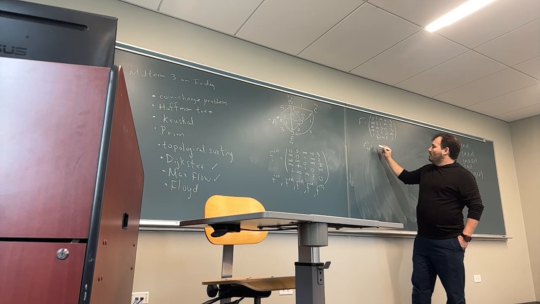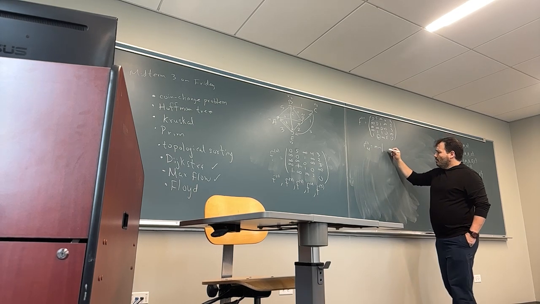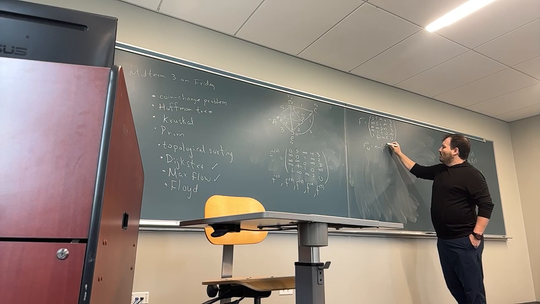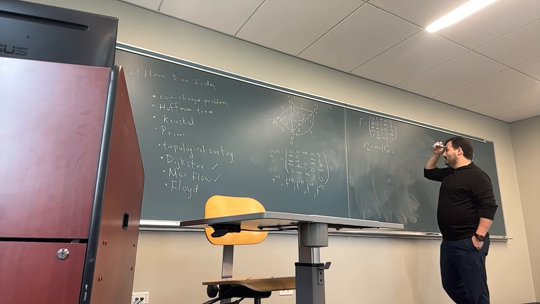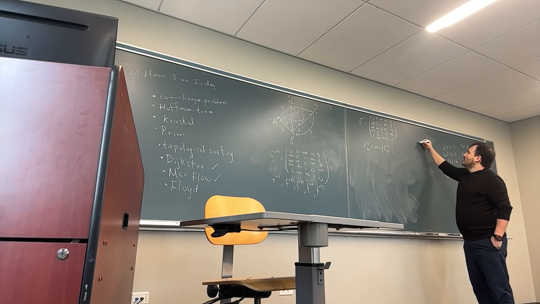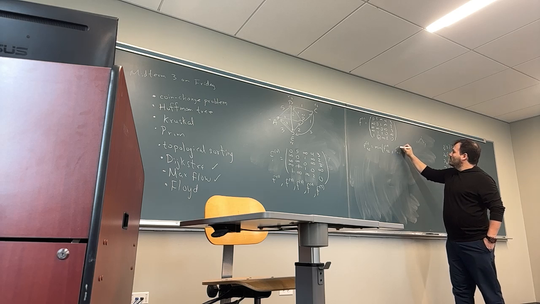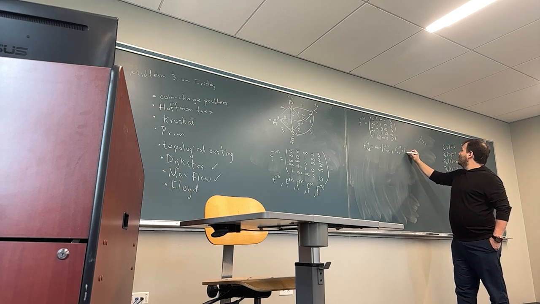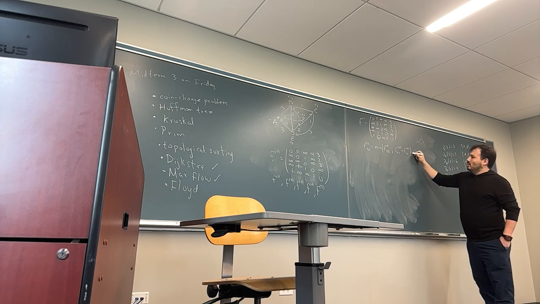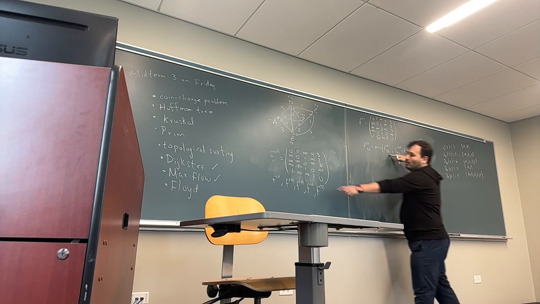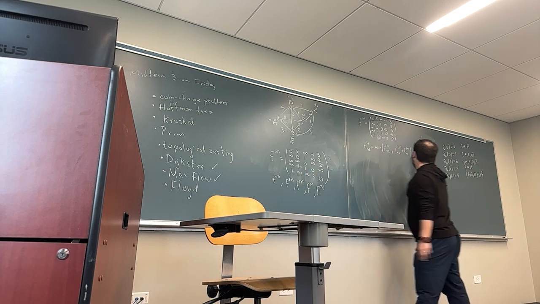So F152 is the minimum of F052, comma, F510 plus F120. So what is F520? That's this number here, infinity.